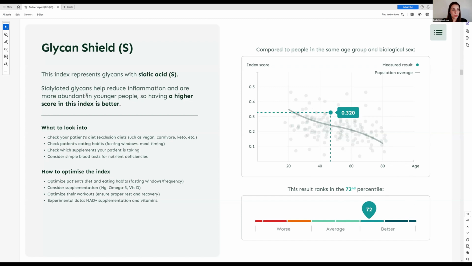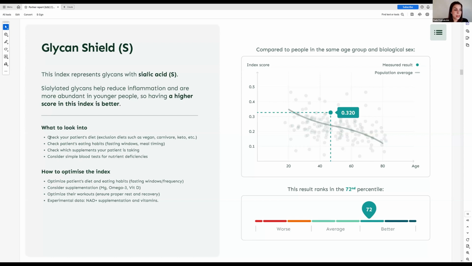What we also try to depict here to help you are the areas to look into and suggestions on how to optimize this index. This can be a little bit confusing, but what we wanted to say with this, what to look into, is if Glycan Shield is low and should be elevated.